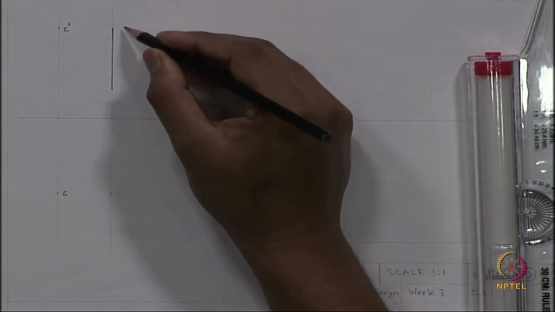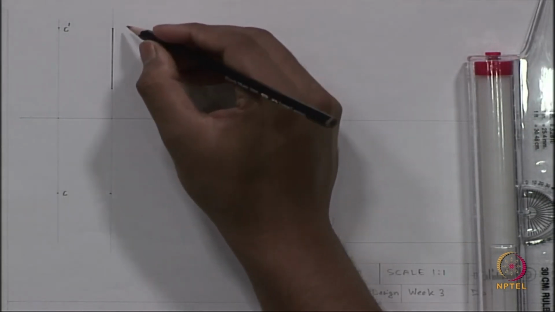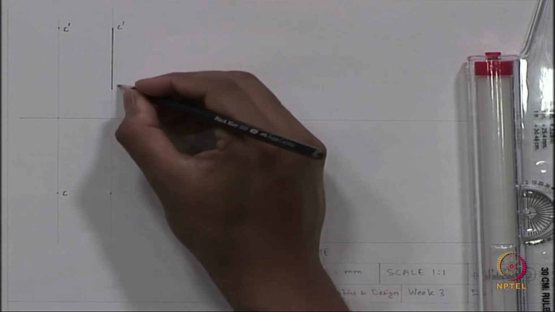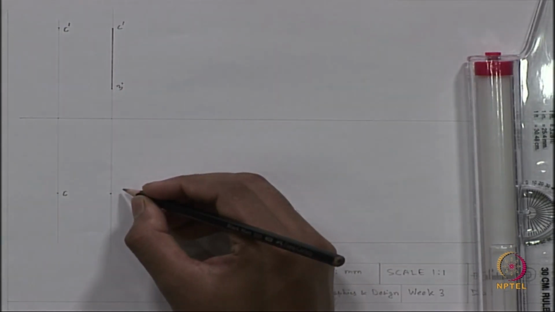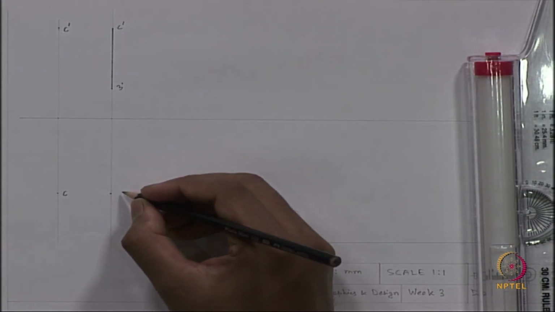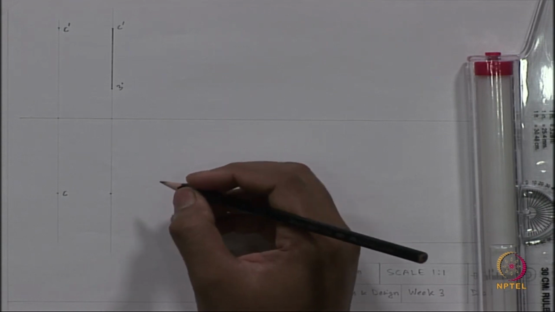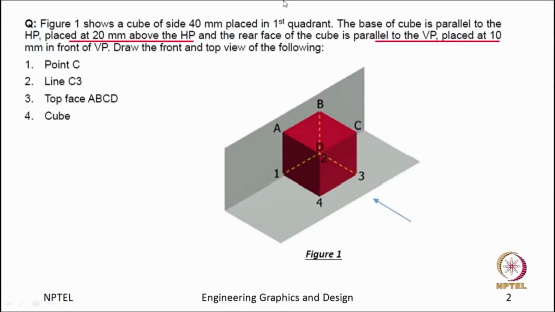Similarly, this is for line C3. This is the front view, so we will mark it small c prime 3 prime. The top view should be c3. If you are watching from the top, the first point in the projection line will be c.